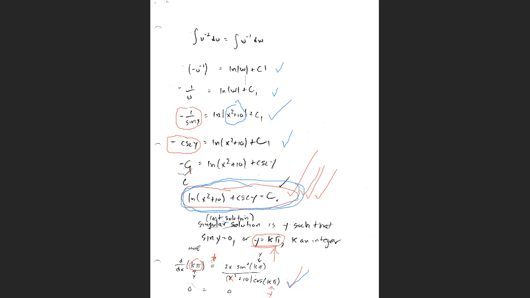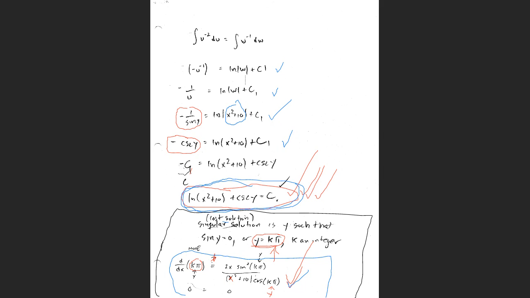So what I'm showing here is that if we let y equals k times pi, this is separate from the implicit solution. We found the implicit solution, but then, hey, what's the lost solution? The lost solution is y equals k times pi, where k is an integer, because based on this check, it is a solution to the differential equation.